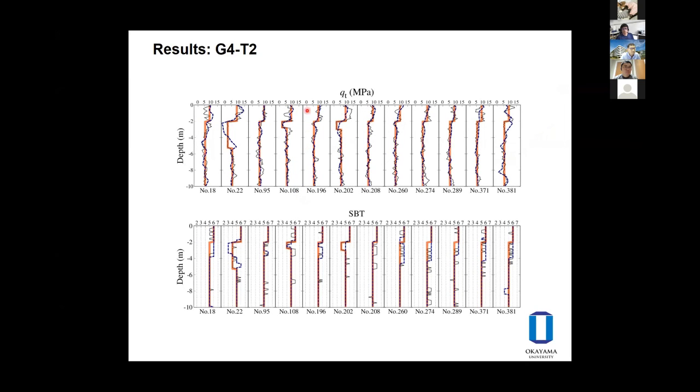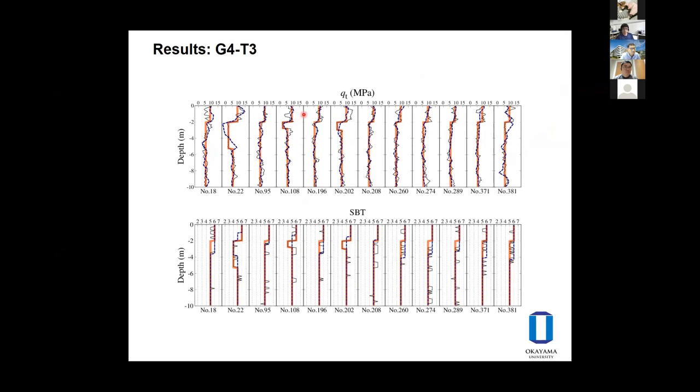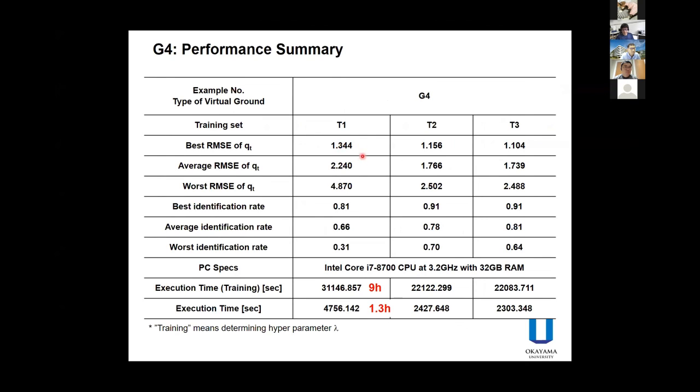However, if you use the T2 dataset, GLasso can detect the discontinuous layer. And the results of T3 are not so different from the result of T2. And this is a performance summary. It took about 11 hours to get the final result of G4 T1 benchmark example.